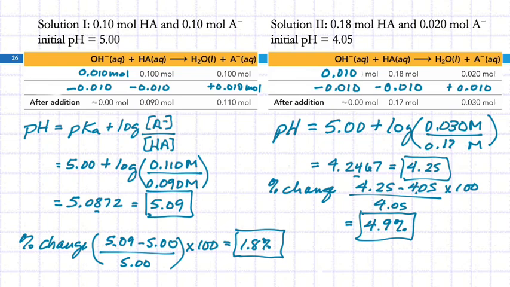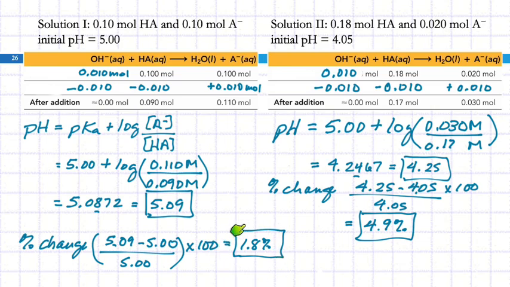So this is illustrating the effect of relative concentrations of the acid and its conjugate base. We have the same total number of moles here. 0.1 and 0.1 is 0.2, and if we add these together, we also get 0.2 moles total, right?